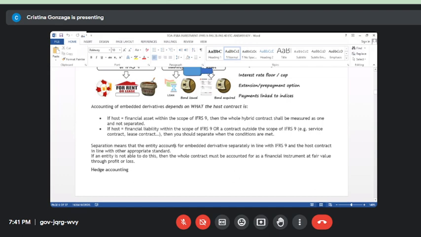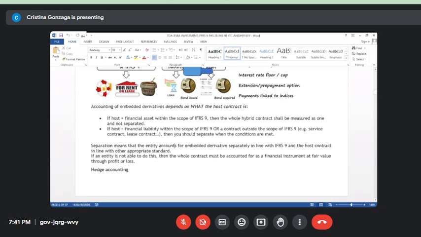Okay? O kaya naman, you are engaged in importation and exportation. So, I mean, you engage in international trade. O meron kang importation, exportation transaction. So ano mangyayari? If there are changes in foreign exchange rate, that will directly affect your business.